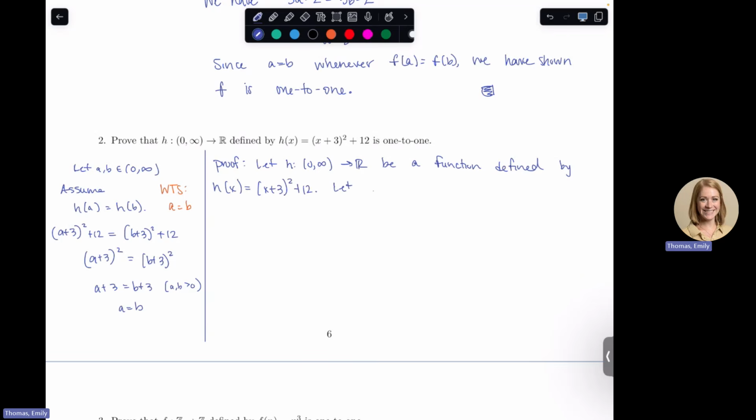We are going to let A and B be in our domain, 0 to infinity, and assume h of A equals h of B.